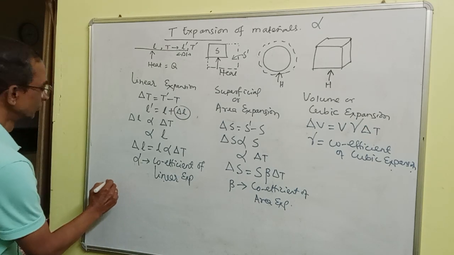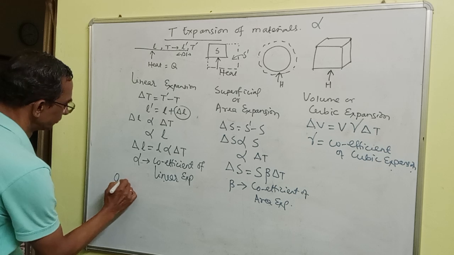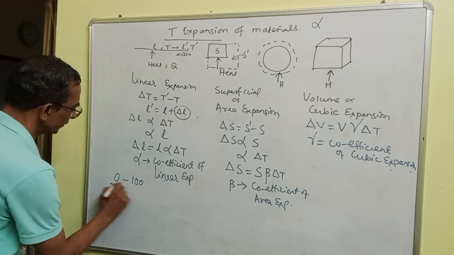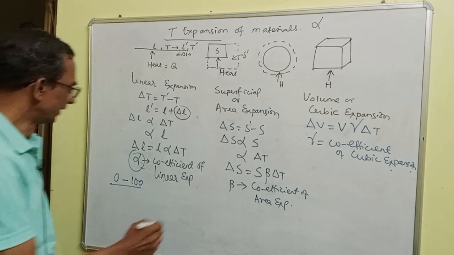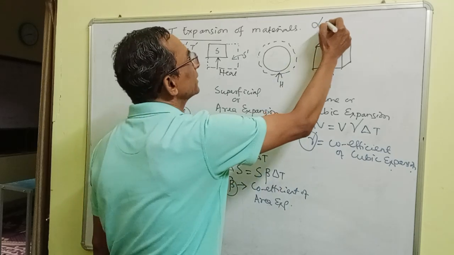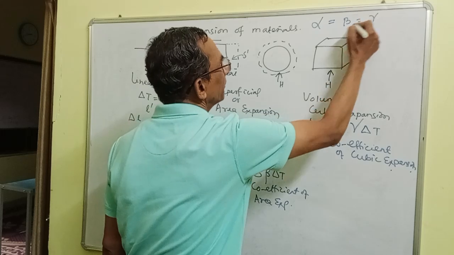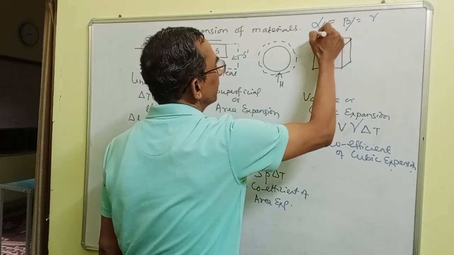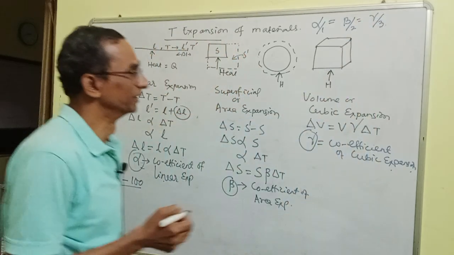Now suppose temperature is between 0 to 100 degree, we take average value of alpha, average value of beta and average value of gamma. In that case, the relationship is alpha by 1 is to beta by 2 is equal to gamma by 3.